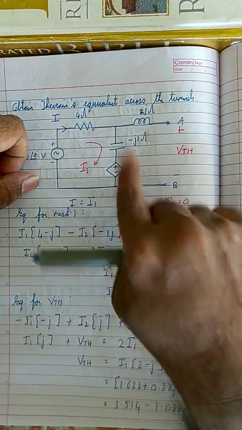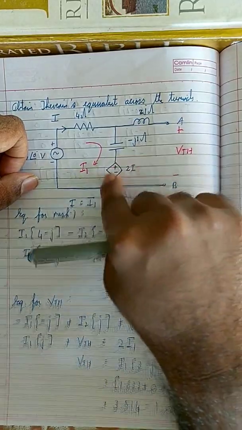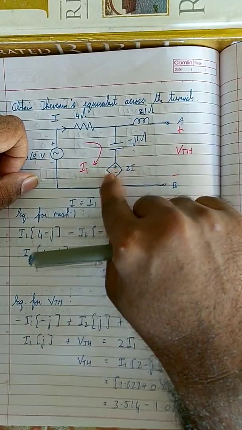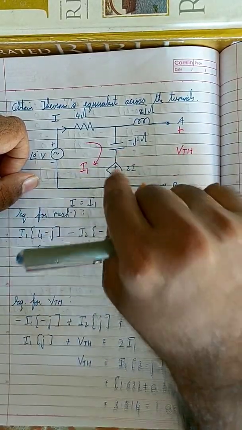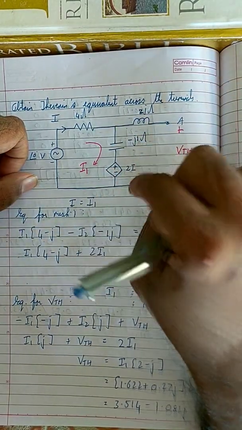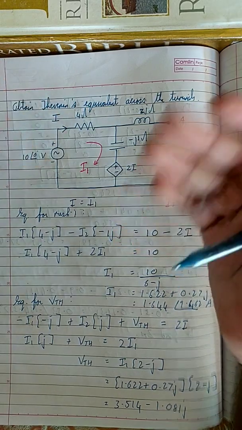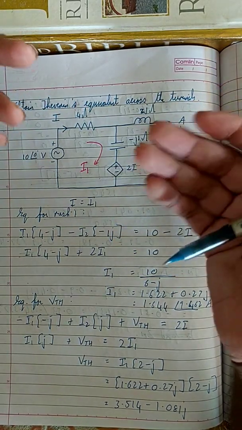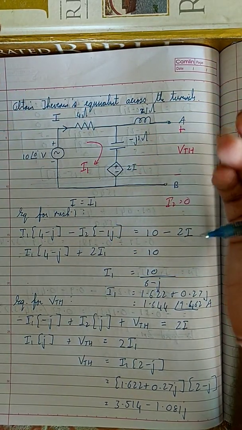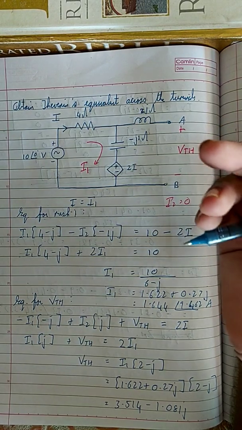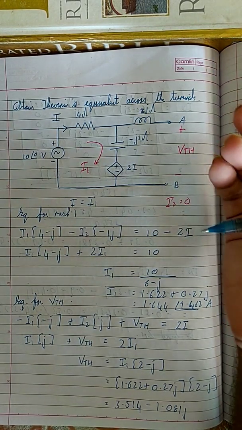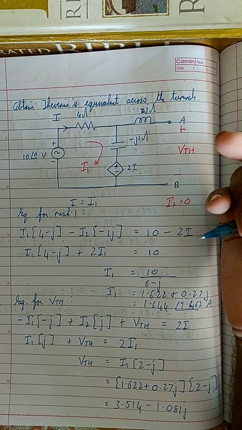But here in this case, there is a dependent source. This is not an independent source, this is a dependent source. If you see a dependent voltage source or dependent current source, you cannot short it and you cannot open it. You can only do those things if those sources are independent. If you see an independent voltage source, you can short it.